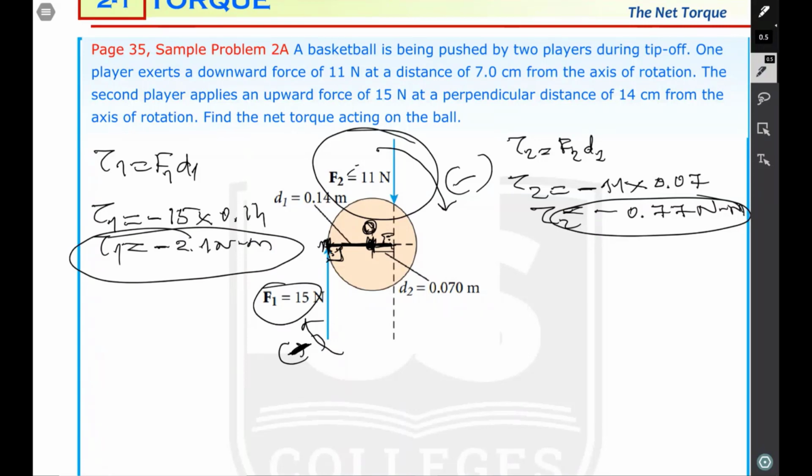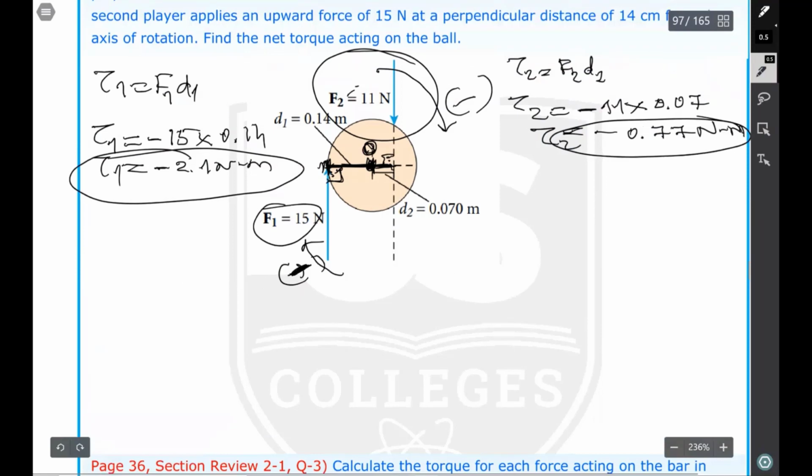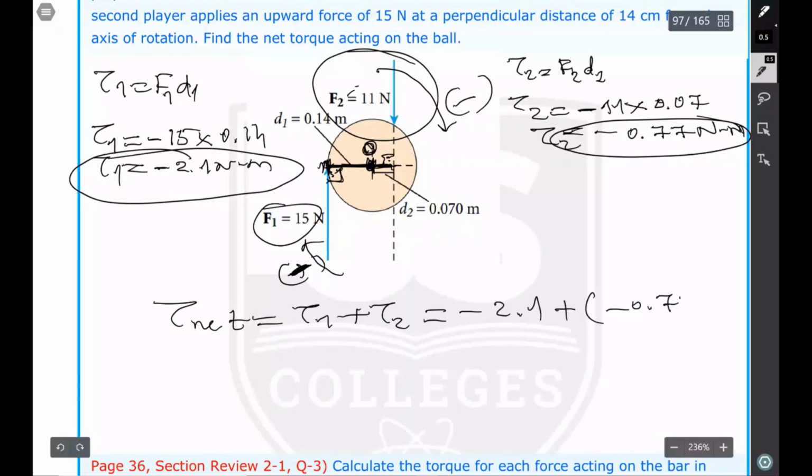Any more forces acting on the ball? No, only 2. So now I'm ready for finding the net torque. Net torque is equal to torque 1 plus torque 2. Torque 1 is negative 2.1 plus torque 2 is negative 0.77. Positive times negative becomes negative: negative 2.1, negative 0.77. When you do this on your calculator, the answer is negative 2.87 Newton meter.